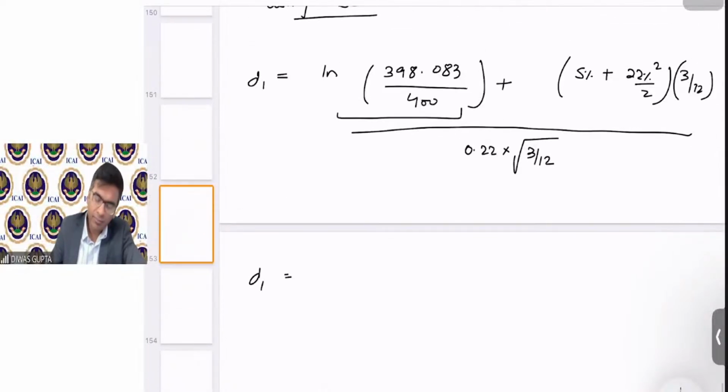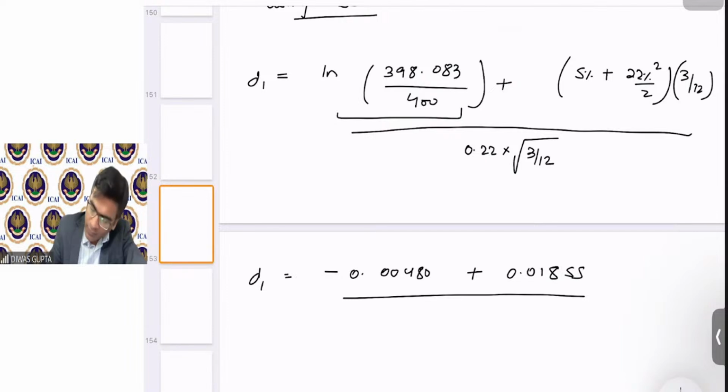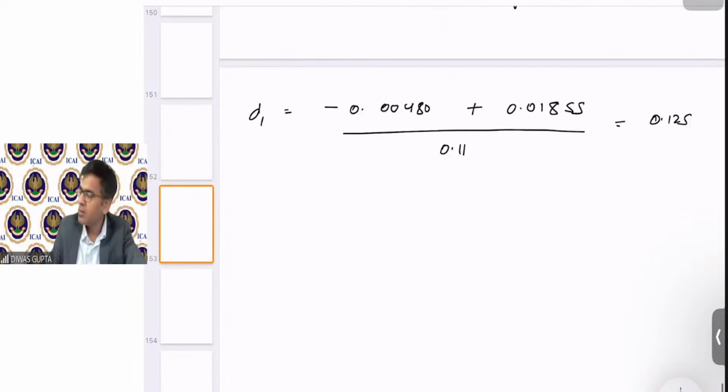So D1 becomes minus 0.00480 plus 0.01855 whole divided by 0.11, which is equal to 0.125. Yes, Shruti, this is very long.